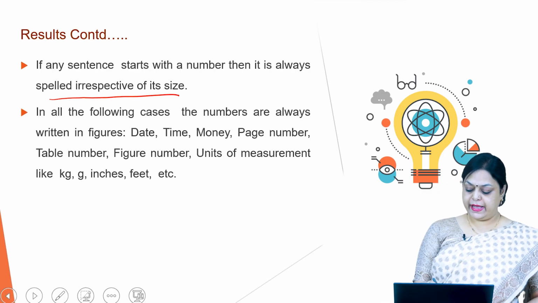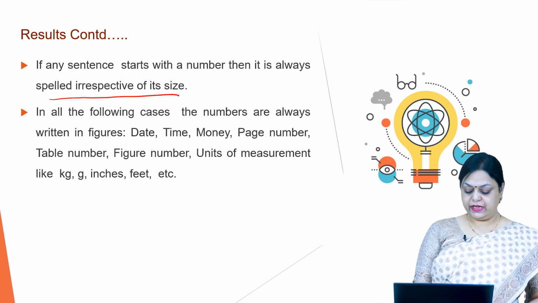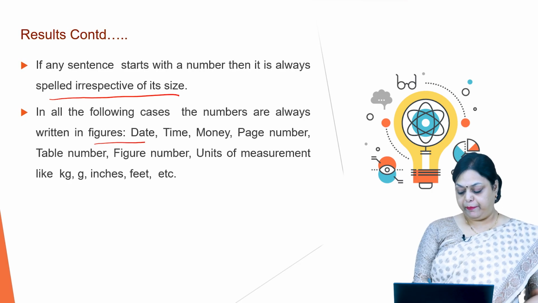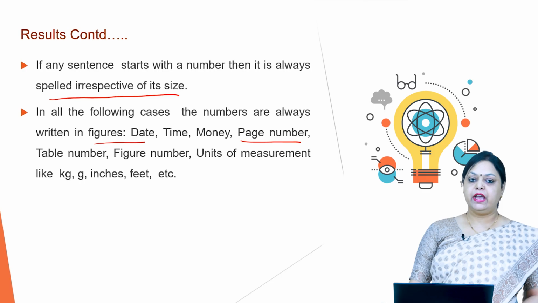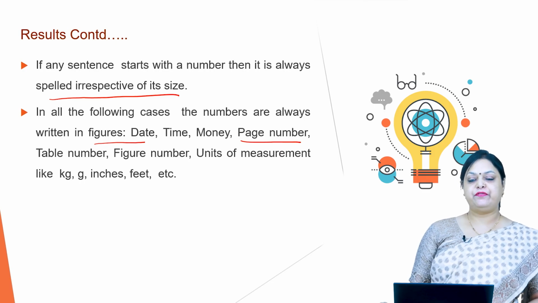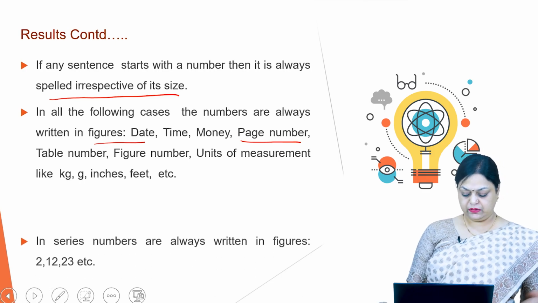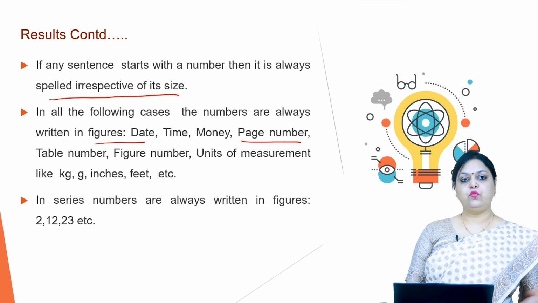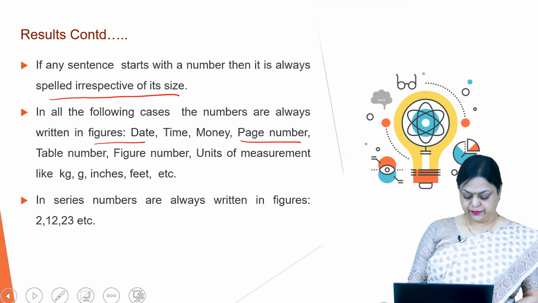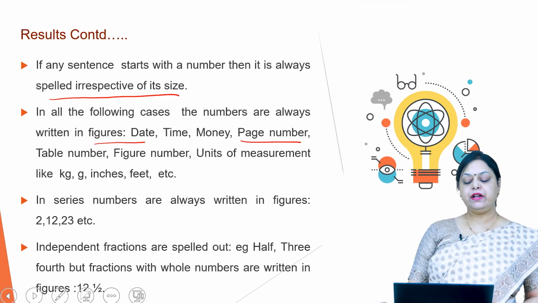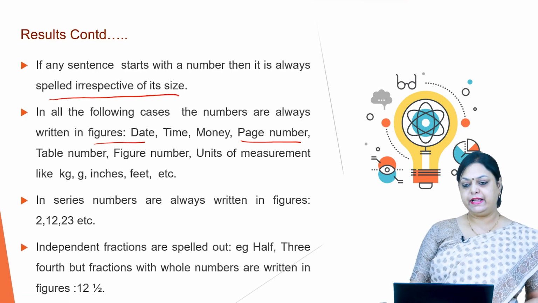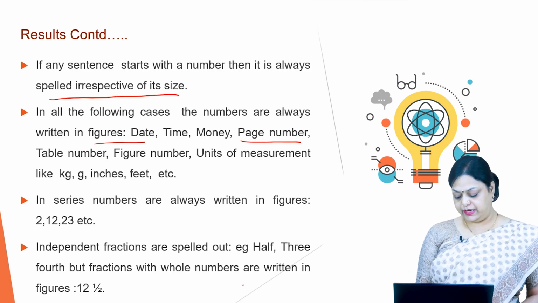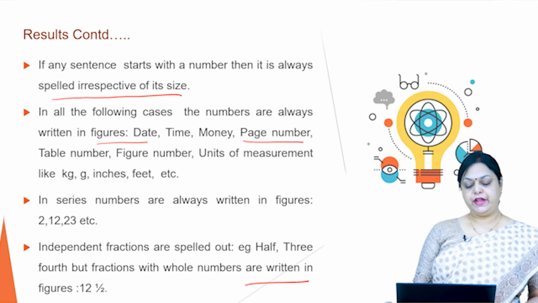In all the following cases, the numbers are always written in figures, that is date, money, time, page number, figures or measurement units, inches, feet, etc. In series, numbers are always written in figures like 1, 2, 3, etc. Independent fractions are spelled out, that is half, one-fourth, but fractions with whole numbers are written in figures, 1 1/2.